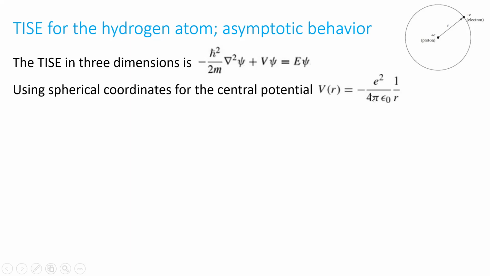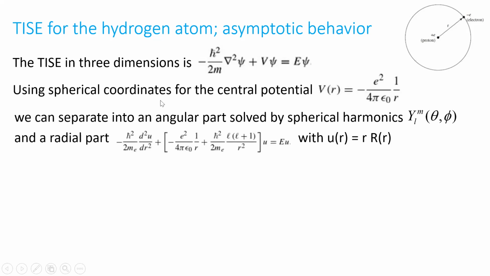So that's our potential. As we saw previously, we can separate this TISE into an angular part using separation of variables, which is solved by the spherical harmonics Y_l^m of theta and phi.